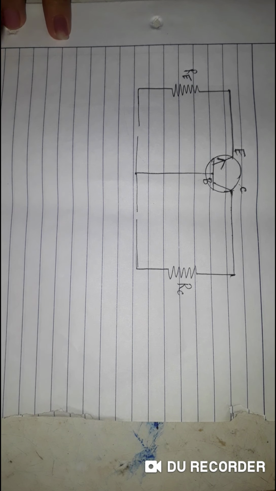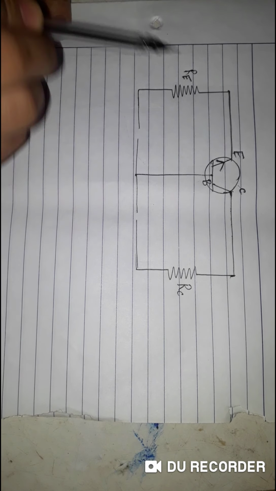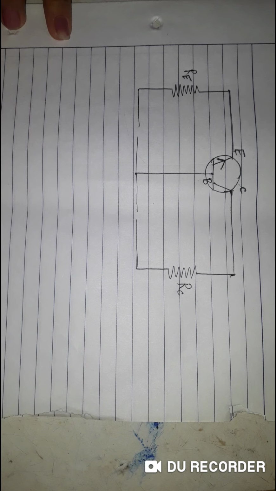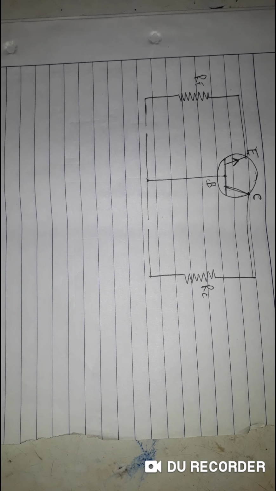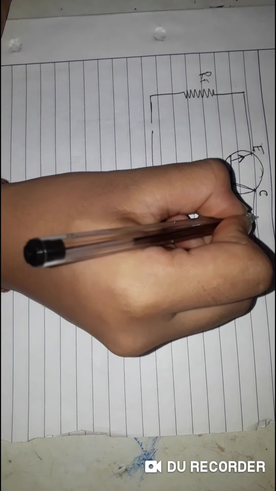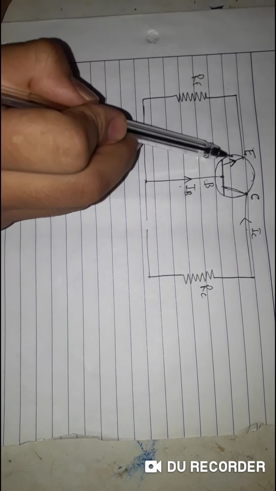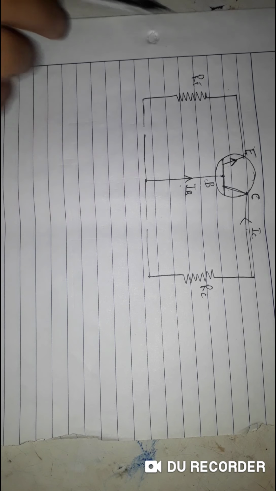Now, according to KCL, Kirchhoff's current law, for a junction, all the outgoing current is equal to all the incoming currents. That means in the case of a transistor, the outgoing current is IE. The current that passes through the emitter is the only outgoing current, and the ingoing currents are IB here and IC here. For this junction, these two are the incoming currents, and this is the outgoing current.